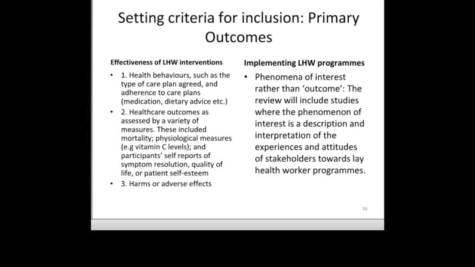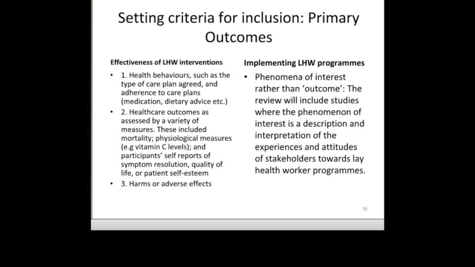Here you can see a division between primary outcomes, and the next slide will go into secondary outcomes of the effectiveness review, like, for example, health behaviors, type of care plan agreed, adherence to care plans, etc. Healthcare outcomes as assessed by a variety of measures, and these may include mortality, physiological measures, also participants' self-reports of symptom resolution, quality of life, and the classical ones on patient self-esteem.